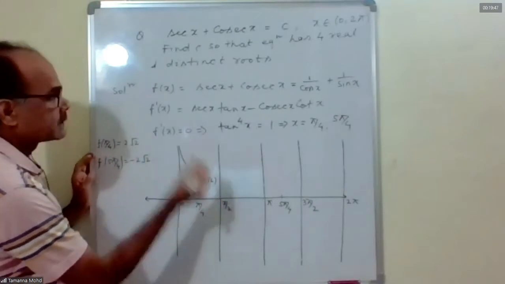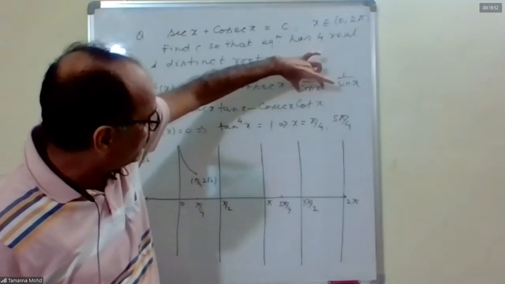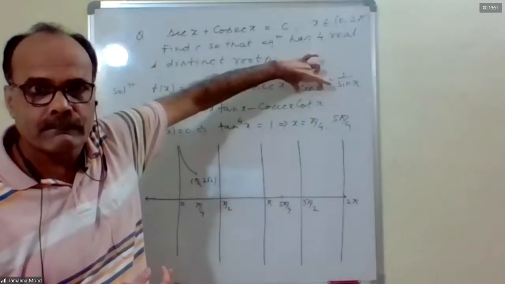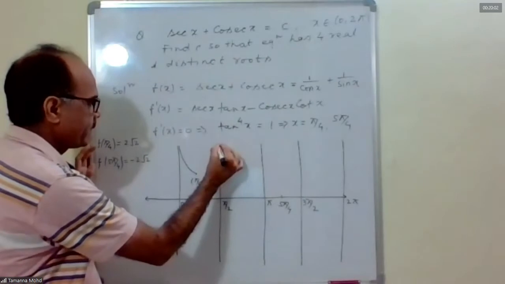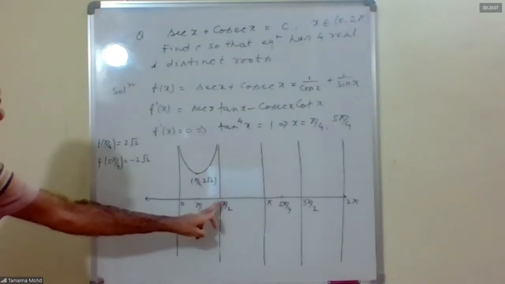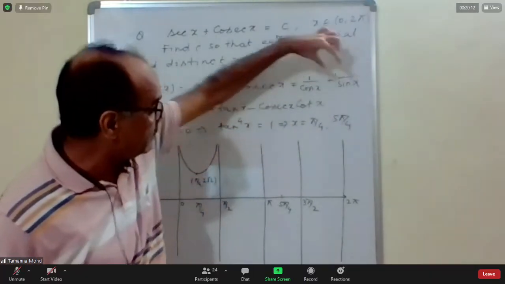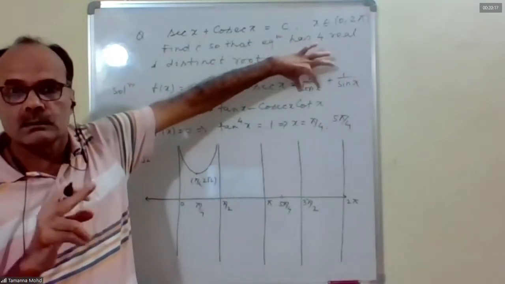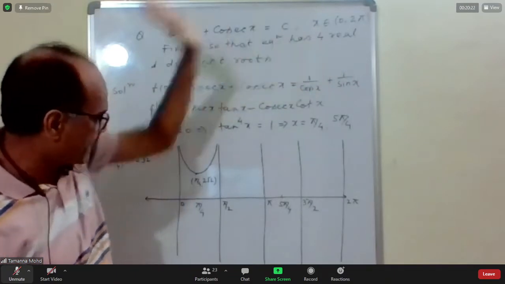Pi by 2 minus. This is finite, slightly less than pi by 2. So this is 0 plus. This will be 0 plus to infinity. Okay. Now pi by 2 plus. This is finite 1. Pi by 2 plus, cos is 0 minus, 1 by 0 minus is minus infinity.